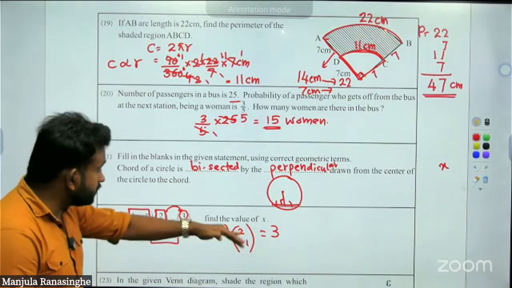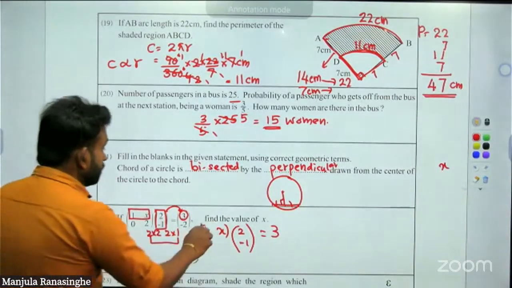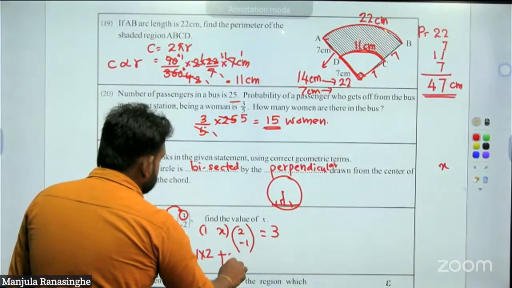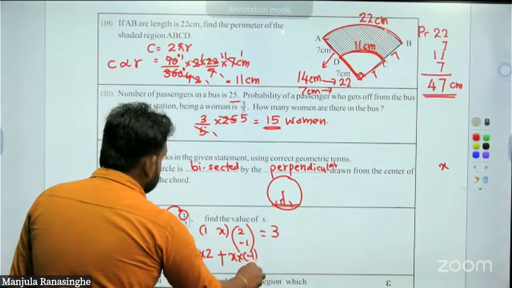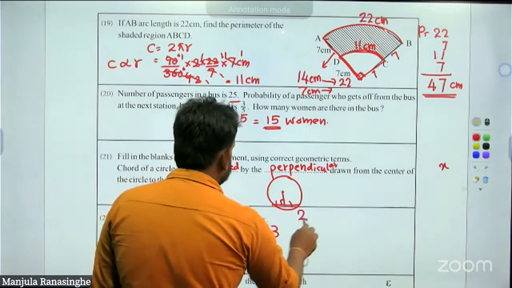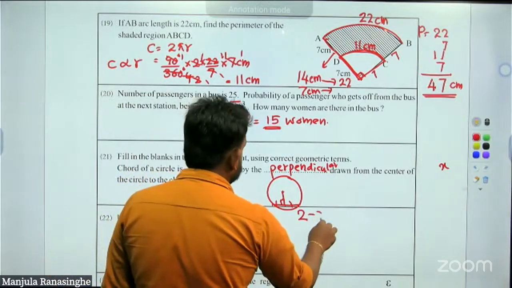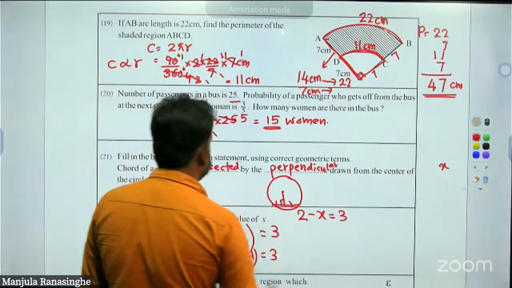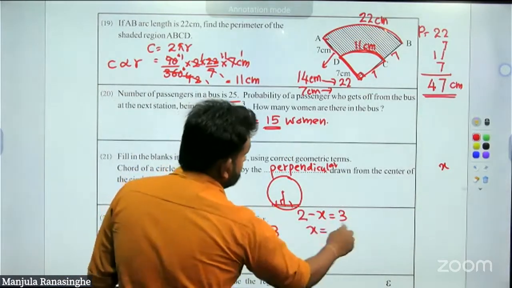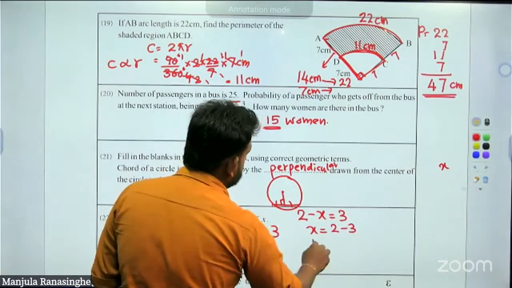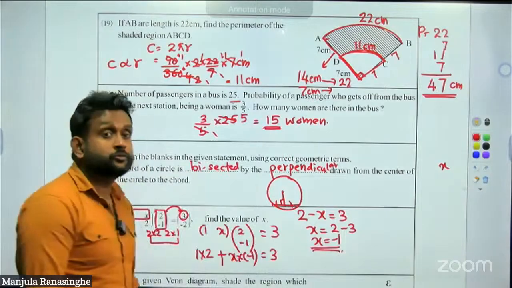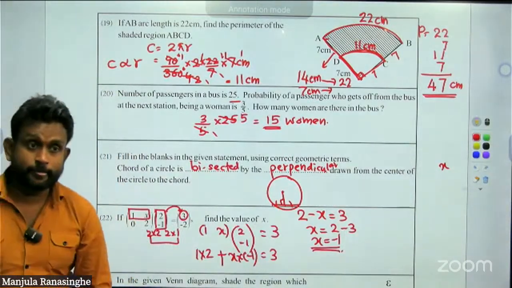So now row into column multiplication, you know that 1 into 2, plus x into minus 1, equal to 3. Now you can see 1 into 2 is 2, x into minus 1 is minus x, equal 3. Okay, now minus x goes to the other side as positive x, and then 2 subtract 3, so x equals minus 1. So x equals minus 1, right?